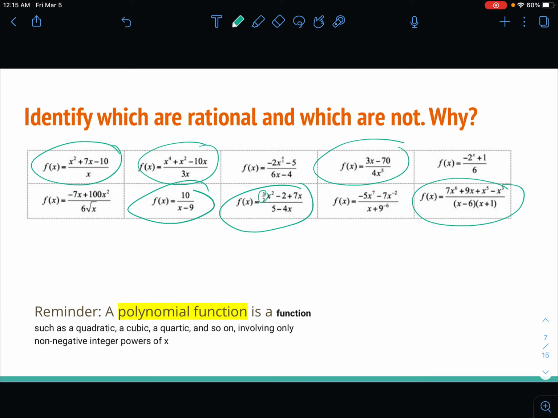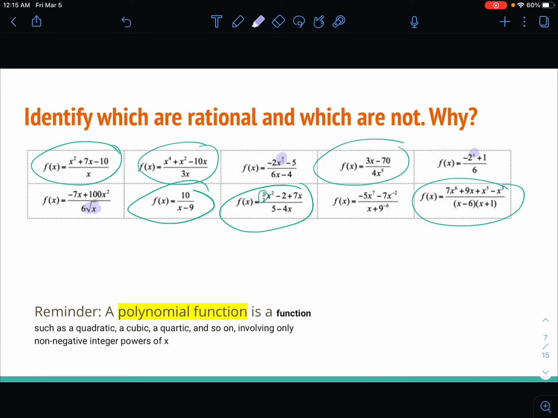It's okay to have a fraction. We just can't have a fractional exponent. So let's look at the troublemakers, the things that are not going to allow us to call this a polynomial function. We have here a fractional exponent. Okay, we can't have that. We can have it, we just won't be able to call it a polynomial function. We have x as an exponent, so we won't be able to call that a polynomial function.